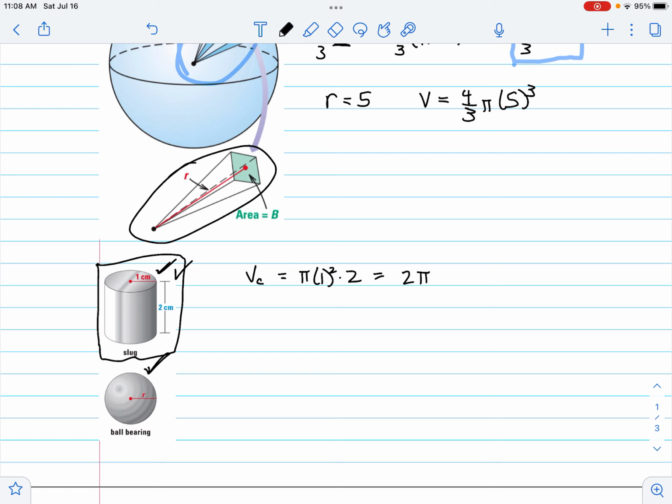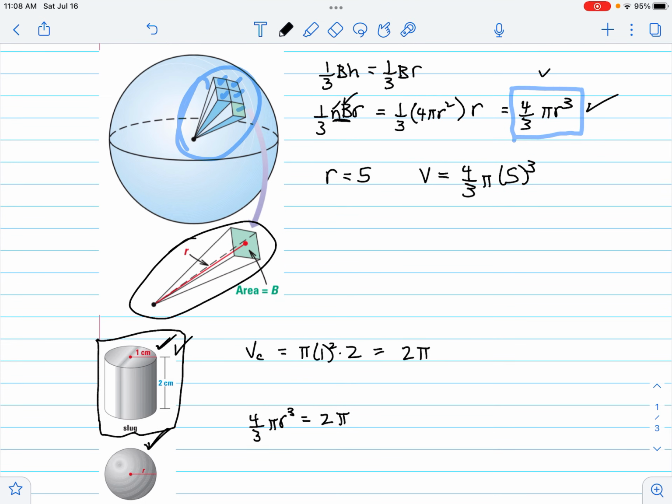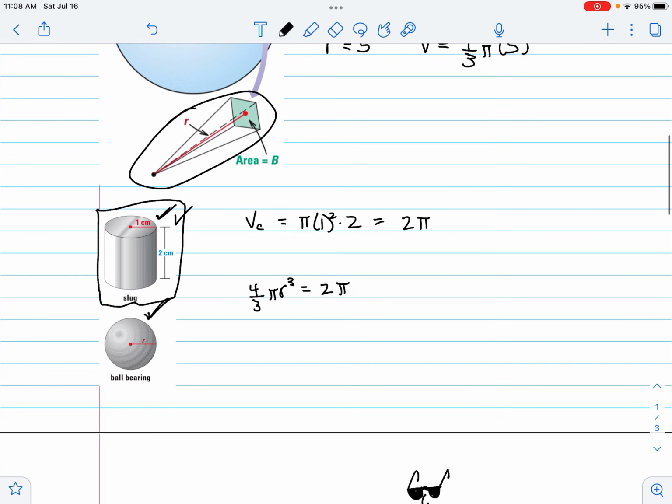Now, we want a ball bearing that's 4/3 pi r cubed. We want that to equal 2 pi. So the question is, what does r need to be so that happens? We're just using this formula here, 4/3 pi r cubed. Well, let me solve for r.